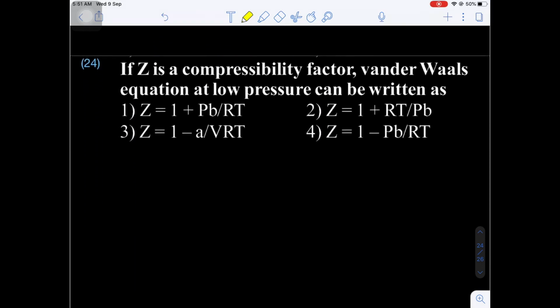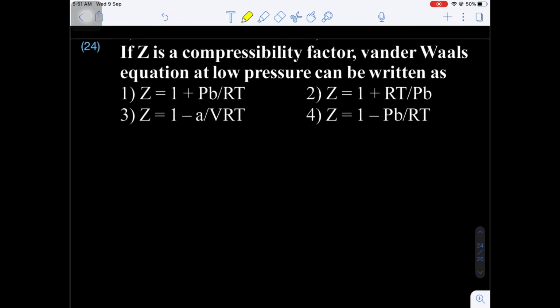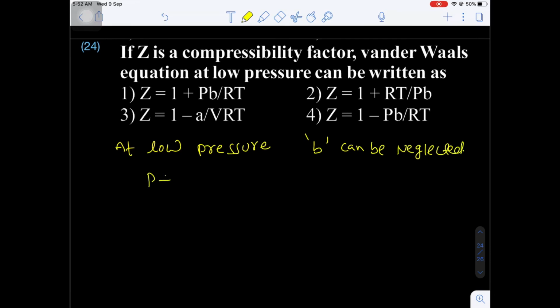Okay, now question number 22, the compressibility factor for the van der Waals equation at low pressure. At low pressure, the van der Waals constant b can be neglected.